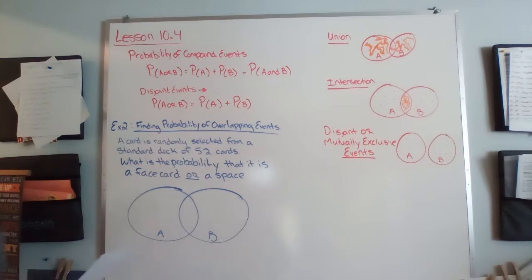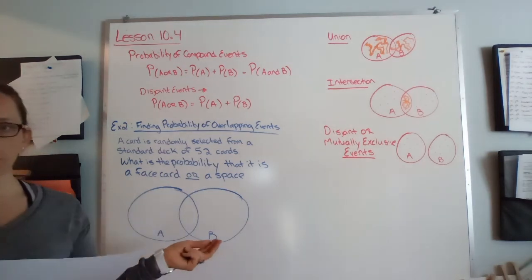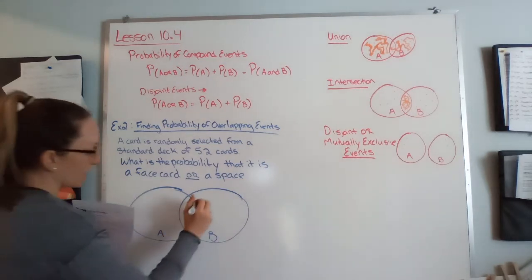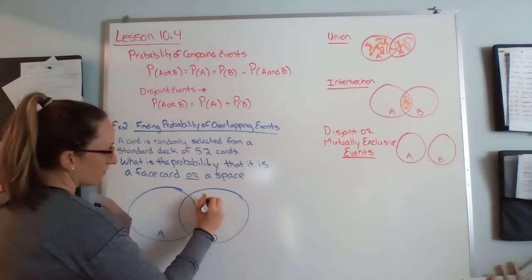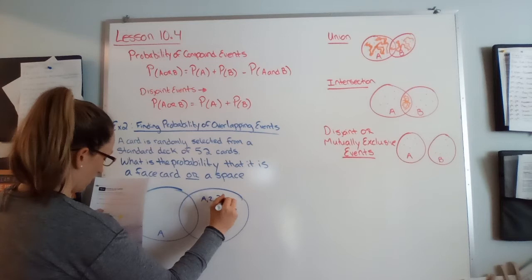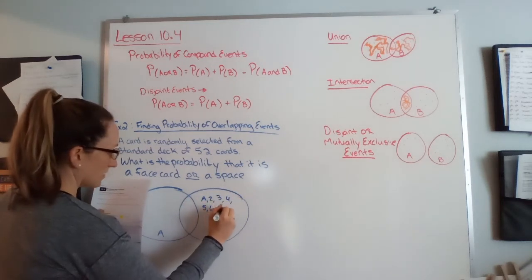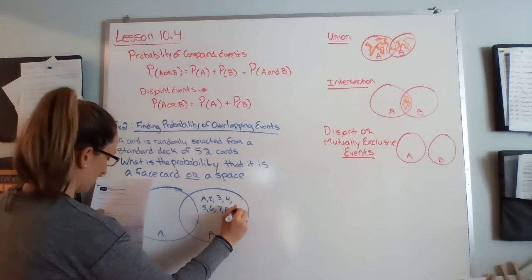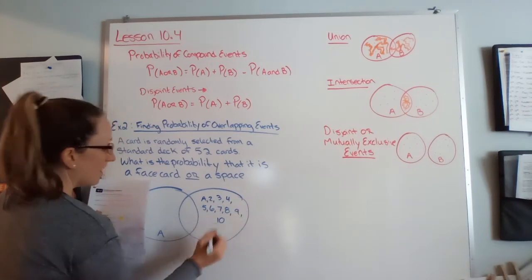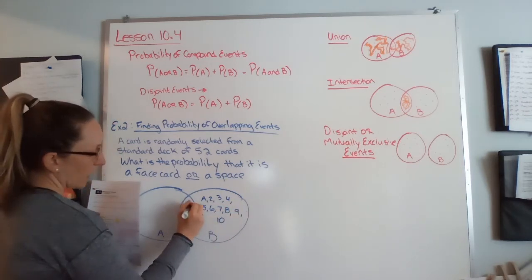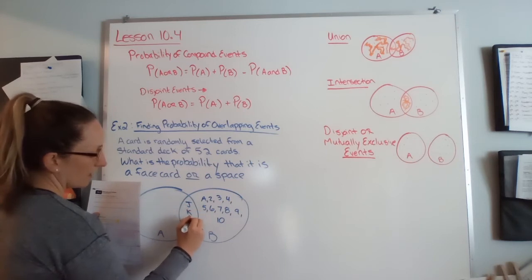Okay, so for your spades, we have everything from an ace all the way up to a king, right? So we have an ace, 2, 3, 4, 5, 6, 7, 8, 9, 10. And then after 10, we have a jack, queen, and king of spades.